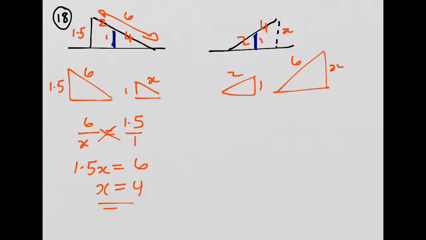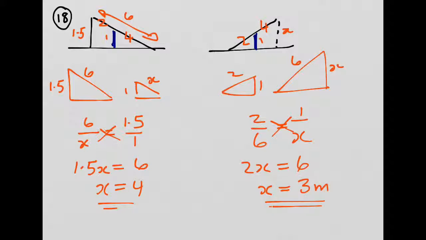So again, from our similar triangles, 2 over 6 equals 1 over x, cross multiplying, 2x is equal to 6, x is equal to 3 metres. So the height that the metal bar goes up is 3 metres. Okay, it's quite difficult, two sets of similar triangles, but hopefully you got enough marks in the rest of the paper.